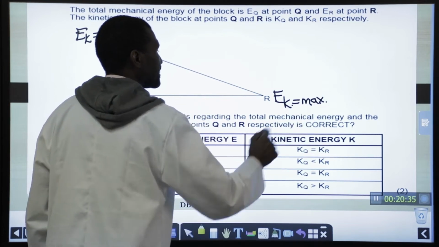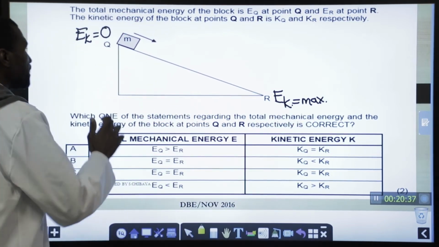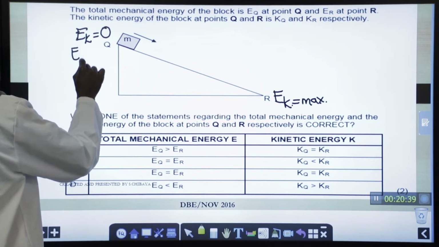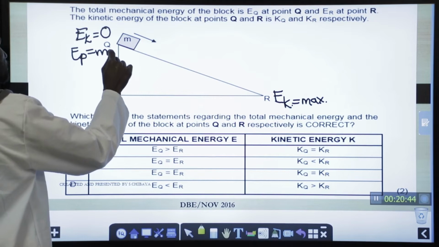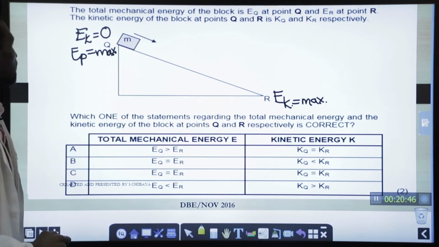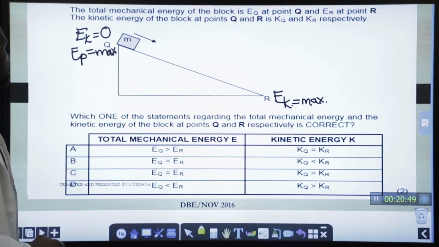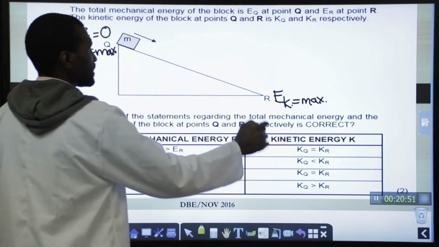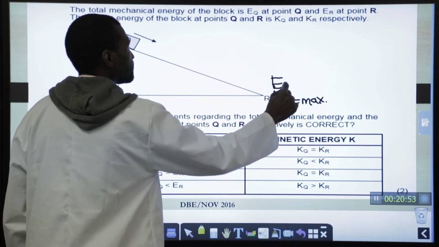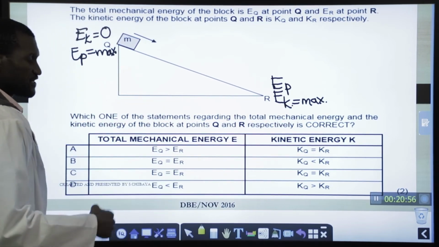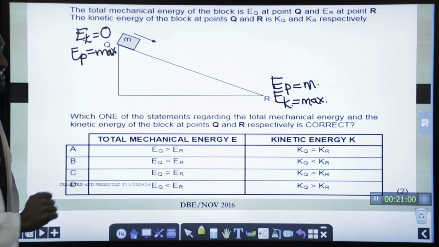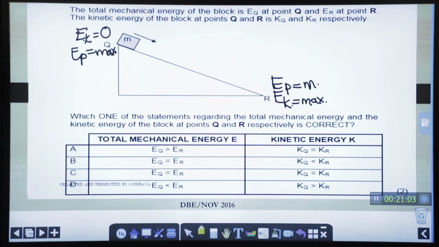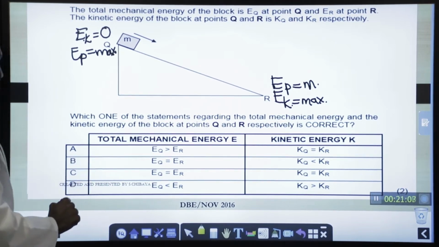In other words, its EK here will be equal to the EP, which is at its maximum due to its position above the ground. The EP here, because it's on the ground, position 0, is going to be equal to 0. This EK is 0 because it's at rest. Which one of the following shows the correct answer?